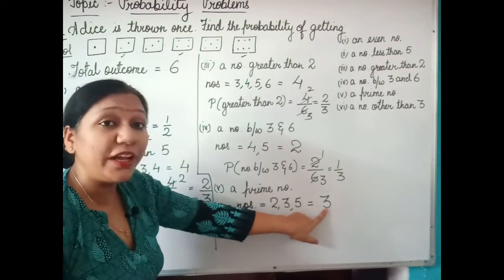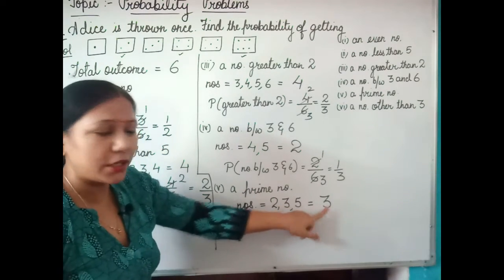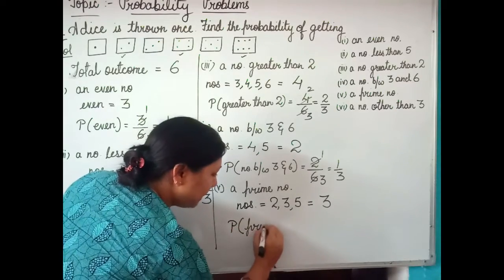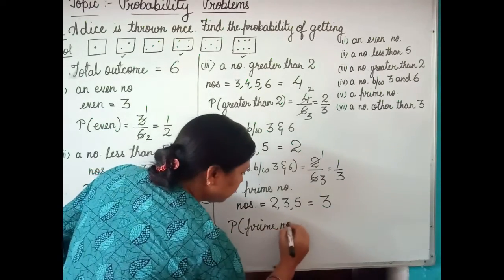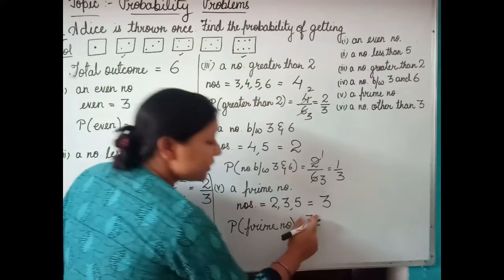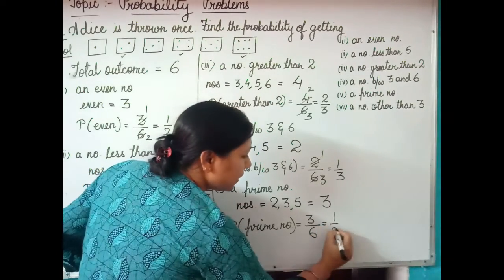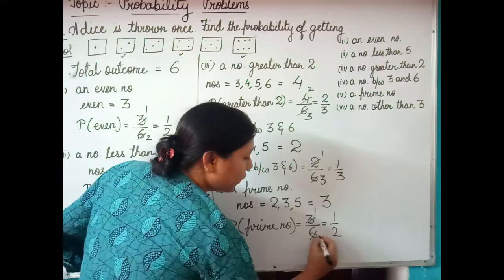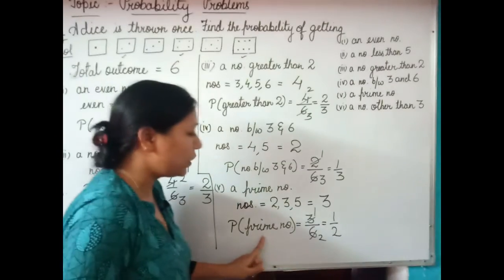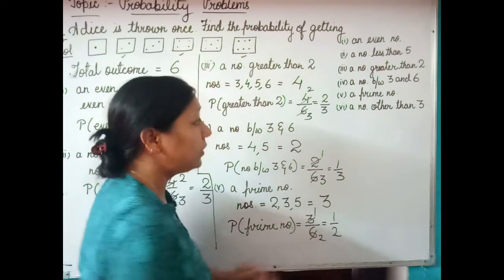This is the favorable outcome, it is not one of the digits. Now the probability of a prime number is favorable outcomes 3 upon total outcomes 6. When you simplify it, you will get 1 upon 2. So the probability of a prime number is 1 upon 2.